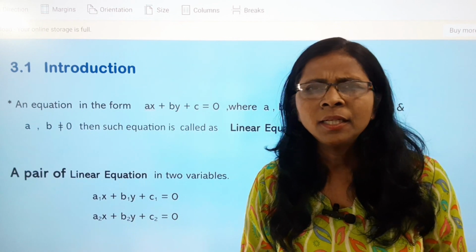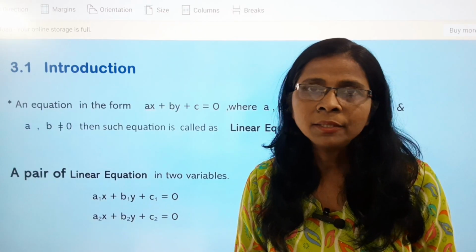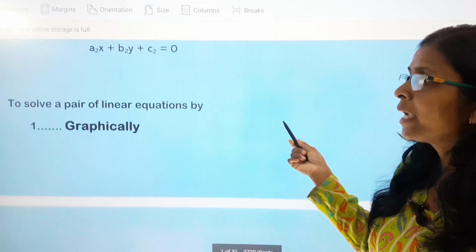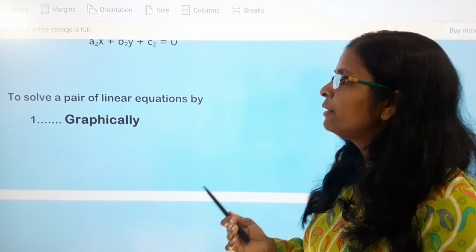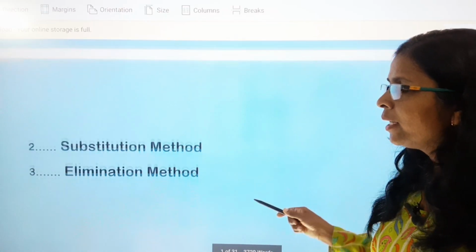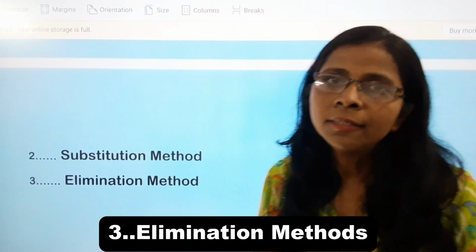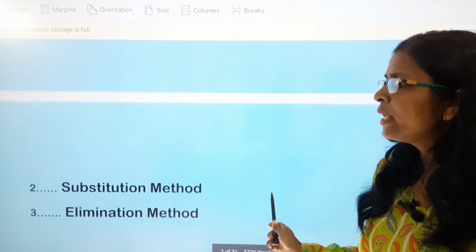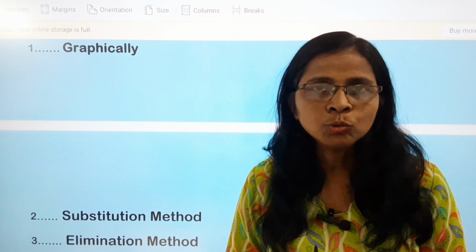If the linear equations are in pair form, then we can solve them easily by different methods. The first is to solve a pair of linear equations graphically. The second method is the substitution method, and the third is the elimination method. By following these three methods, we can solve these linear equations in two variables.